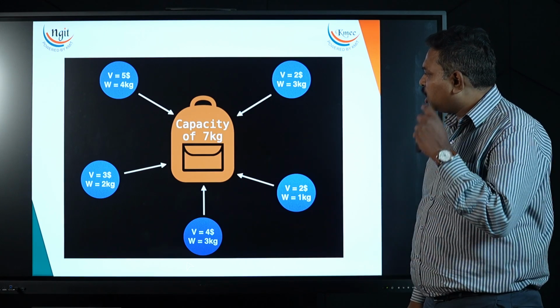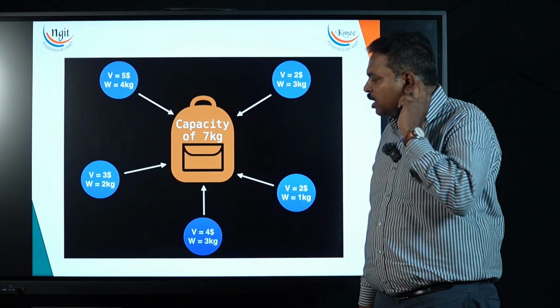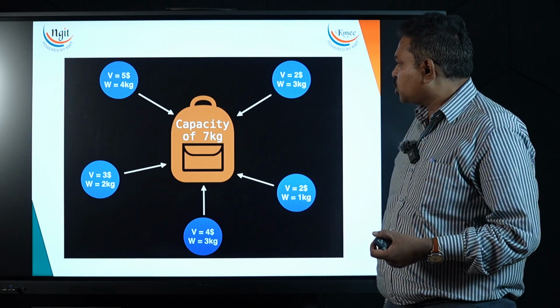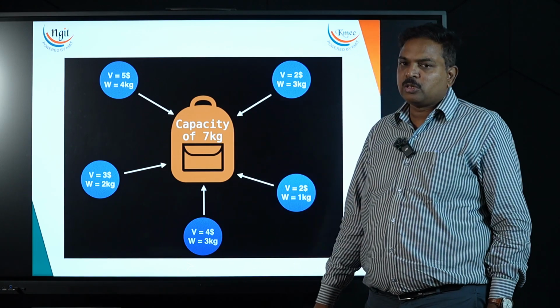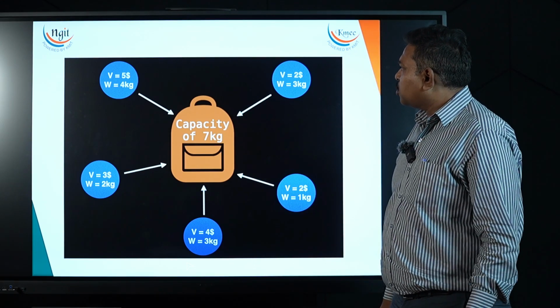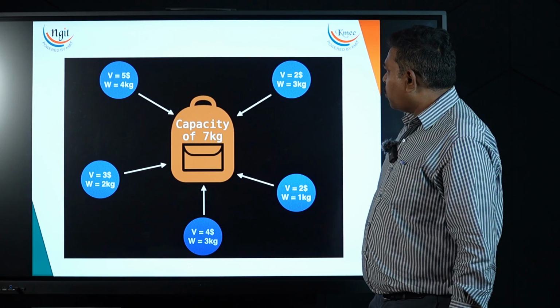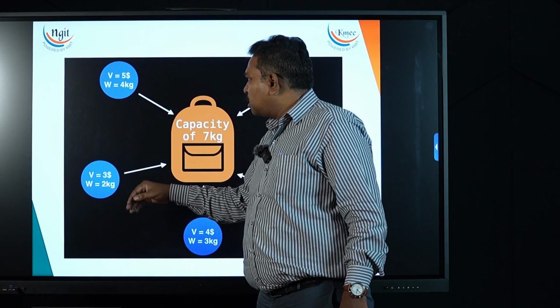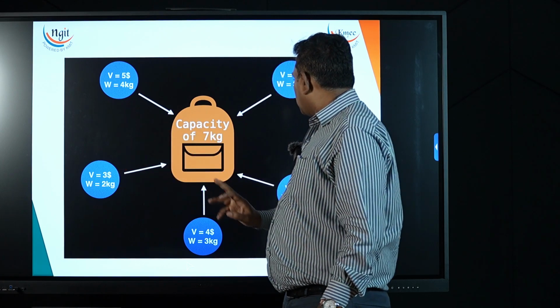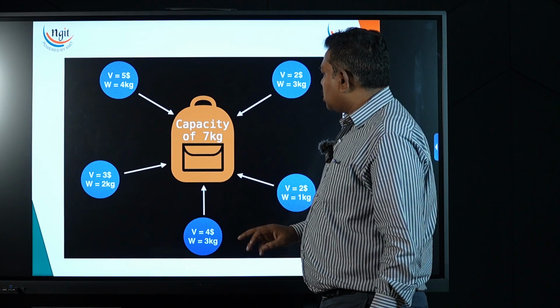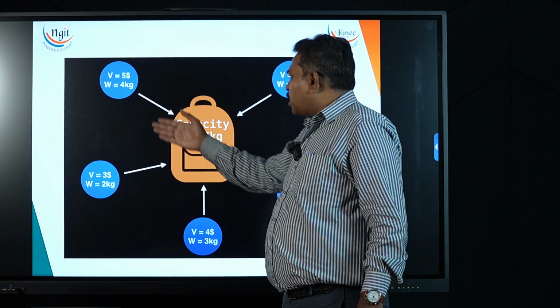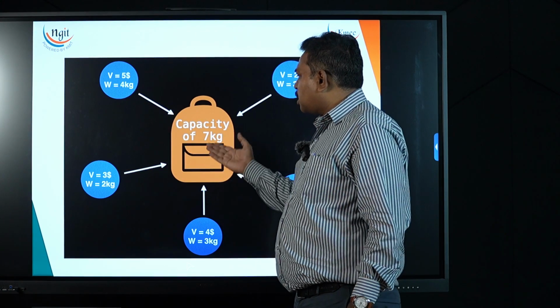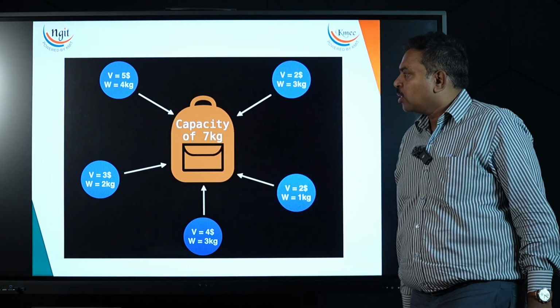So which items do we keep in this bag to get the highest value? That is the objective function of this optimization problem. Suppose somebody selects item 5 and 3, this 4 kg and 2 kg is allowed, but we are achieving $8 value and we are wasting 1 kg of space.